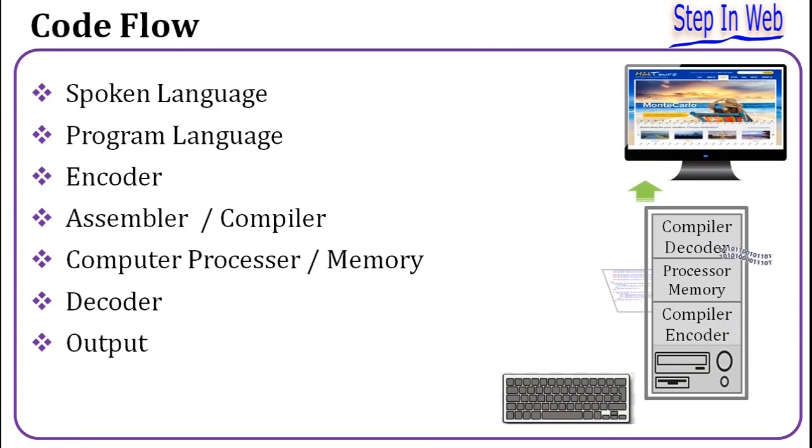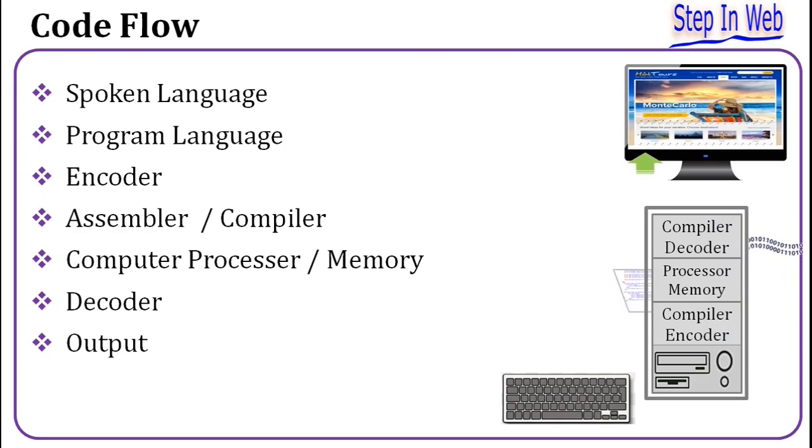Okay, now we will see the flow of the code in computer systems. All people know some language, they can speak or write in that language. Suppose I know the English language, then I select a programming language which will interpret the coding in English. So I have to learn that language, then I can code to my requirement through that programming language.